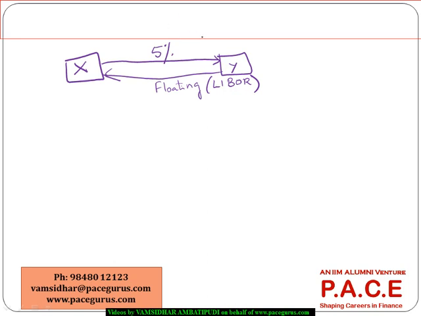And here let's take $100 million as the notional amount, the duration of the swap, the maturity of the swap, is 3 years, and the payment frequency is 6 months, right? So in this case, X is called the fixed rate payer because a fixed payment is being made, whereas Y is called the floating rate payer.